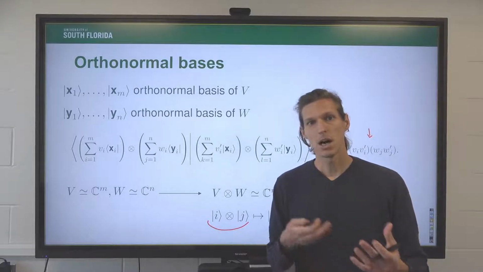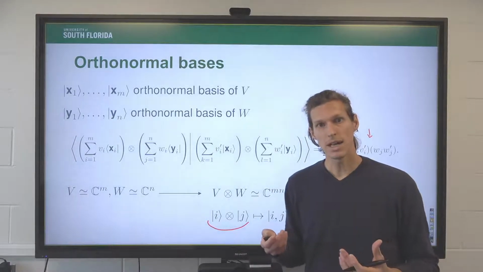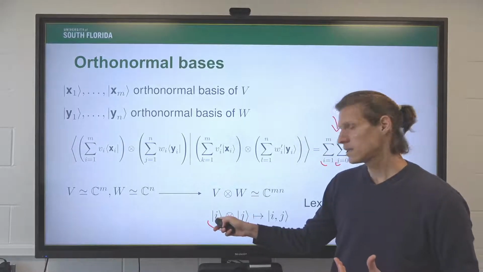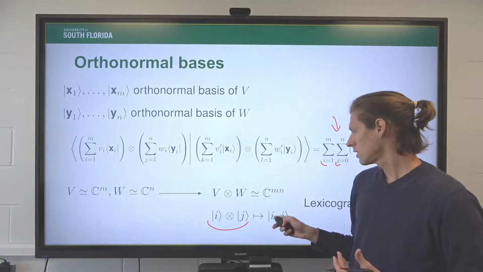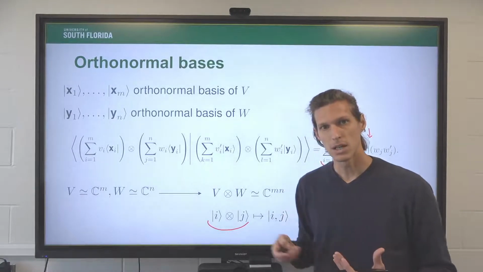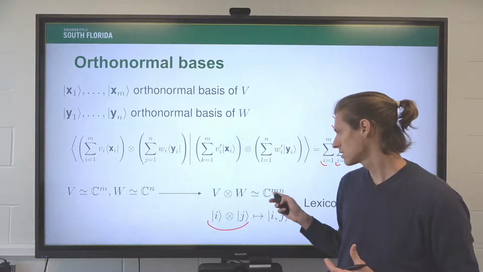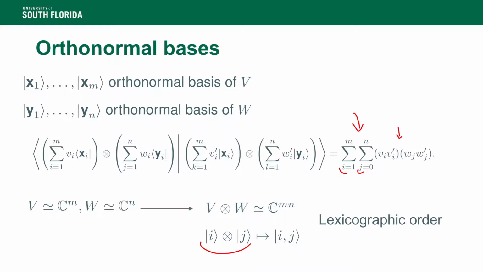But up to a change of orthonormal basis, we can very much say we'll map the tensor i and j to the ijth element of the canonical basis of C to the nm, where ij is understood in the lexicographic order.